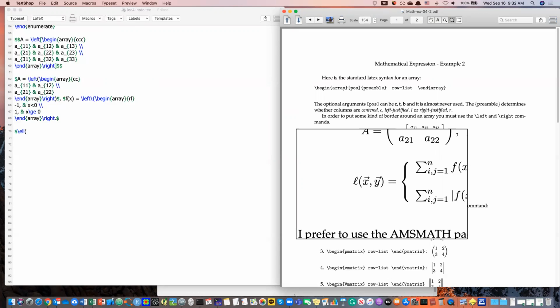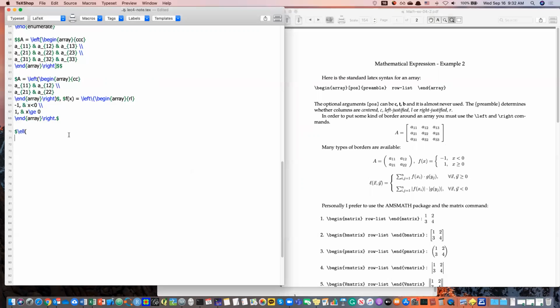How can I put that one? We use vec, this is a vector. Vector x, comma, and then vec means vector y, that is equal to, and then begin. Before doing that, we put the curly bracket and then begin.